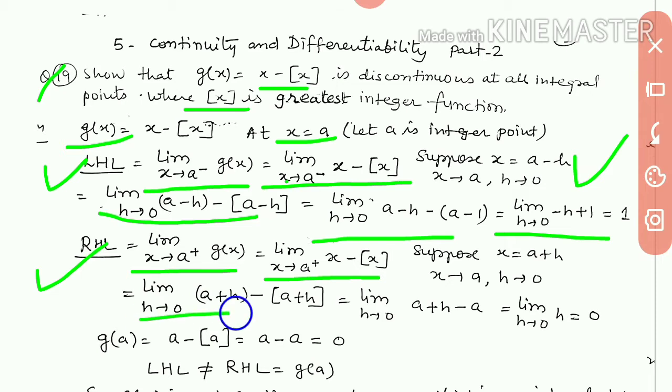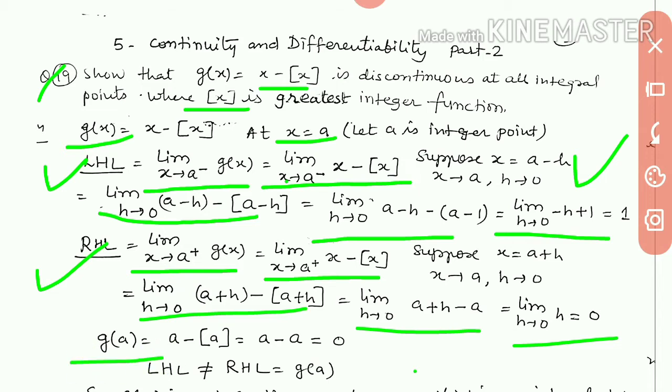These values we put, you will get limit h tends to 0 of (a plus h) minus the greatest integer of (a plus h), and the greatest integer of (a plus h) means a, because you add a very small number to an integer, so it will be a only. So what you get is limit h tends to 0 of (a plus h) minus a. The a cancels and you get h, and h tends to 0, so the limit equals 0.